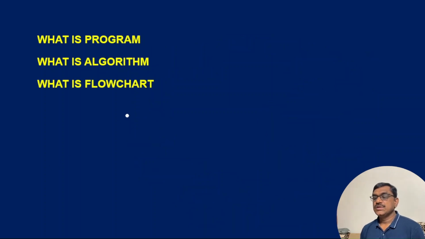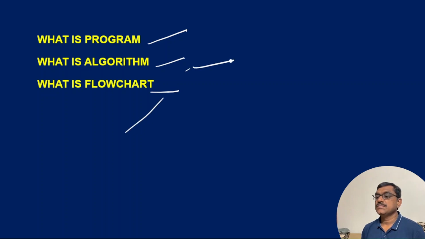Now coming to the next topic, what actually is meant by program, algorithm and flowchart. Why are we discussing this? To write a program, first we have to write an algorithm and draw the flowchart. Next, move on to the program.